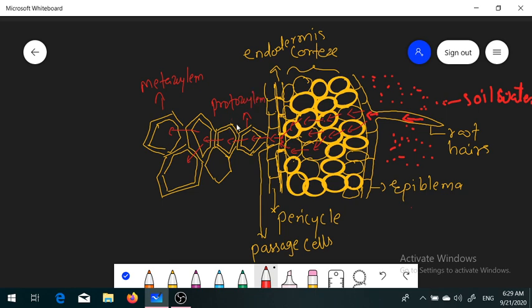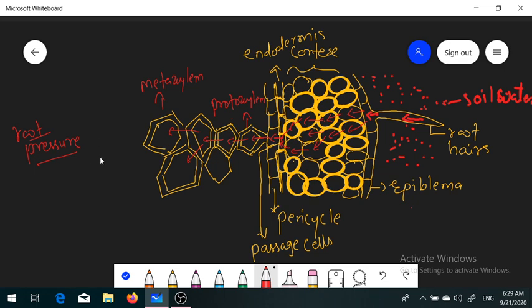So water moves inside this protoxylem and then metaxylem. So water is accumulated here in this region. So in the xylem water gets accumulated and it develops root pressure. Okay, it develops root pressure. So this root pressure as it develops, it is responsible to conduct the water.